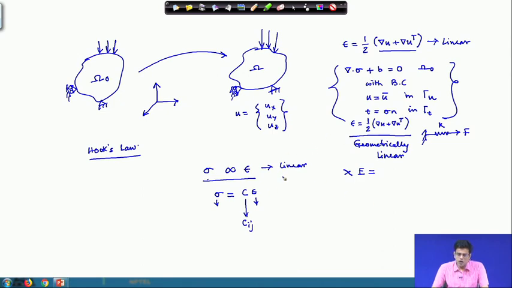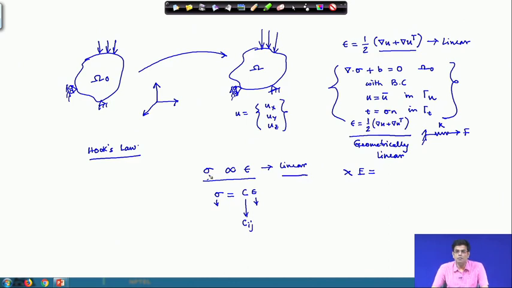Another important thing is that this relation, stress proportional to strain, is what we are assuming, or we are discussing those materials which follow this relation. This is a linear relation, but it can be nonlinear also.